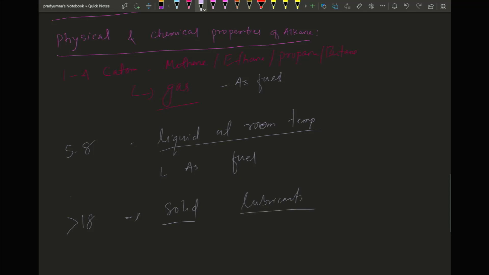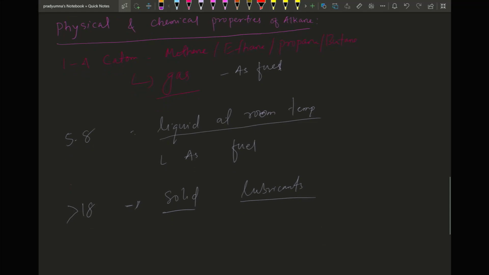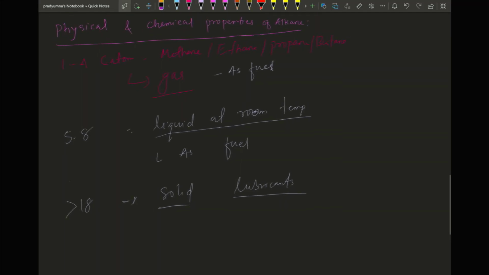And anything between 8 to 18, we can use as lubricants, engine oils, and paraffin. Okay, so you don't need to focus too much on anything beyond 5 to 8.